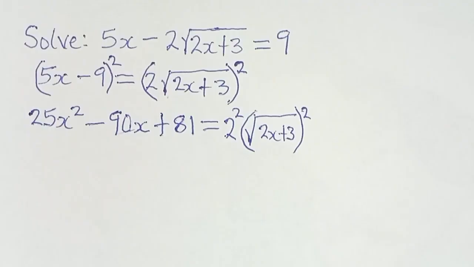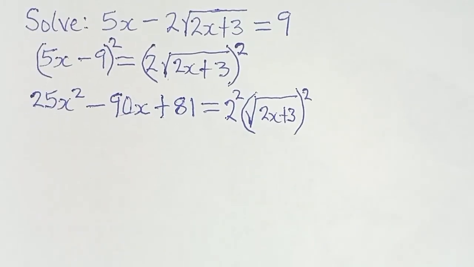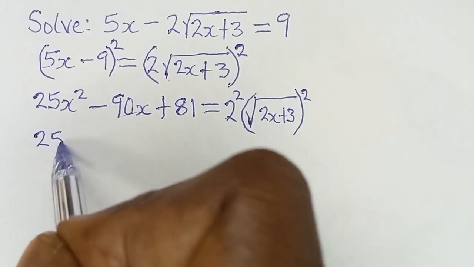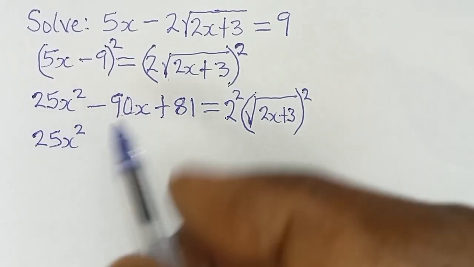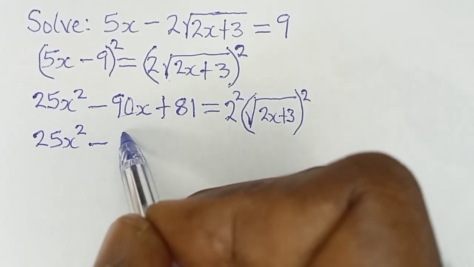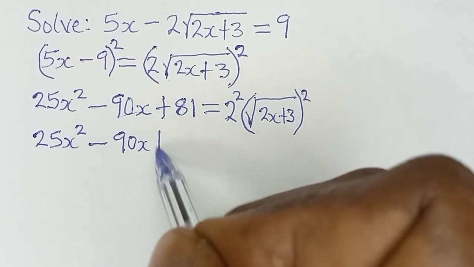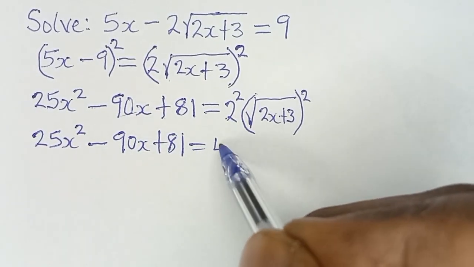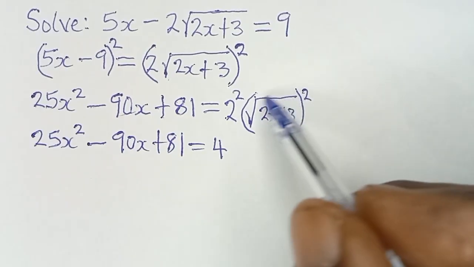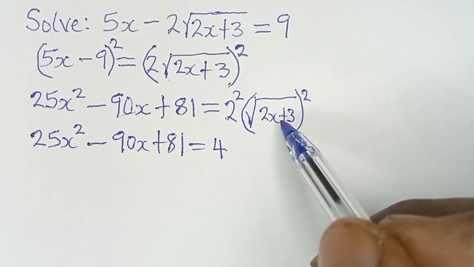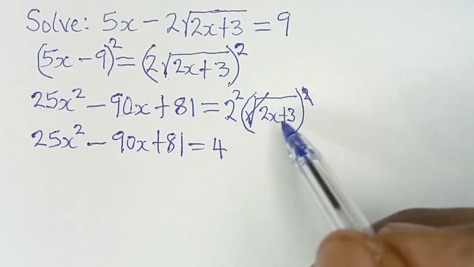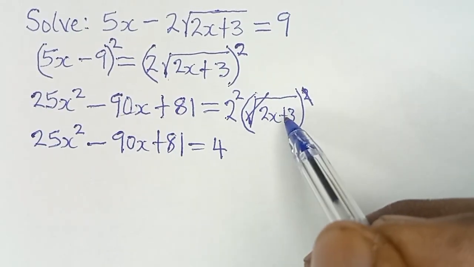Now, the next thing for us to do is to simplify further. So I have 25x squared minus 90x plus 81 is equal to 2 square will give us 4. And then when you square anything in a root sign, you simply remove the square root sign and then you take whatever is inside the bracket.